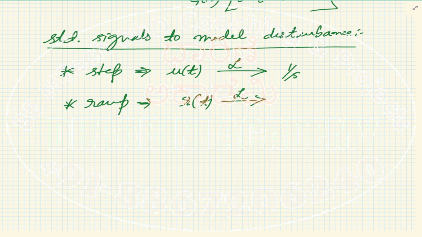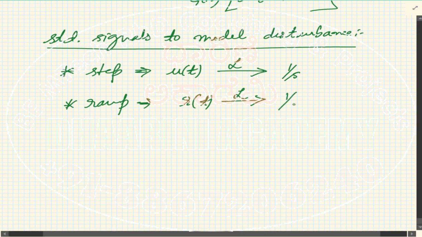Okay, so this becomes 1 by s squared, and then we use the third signal.